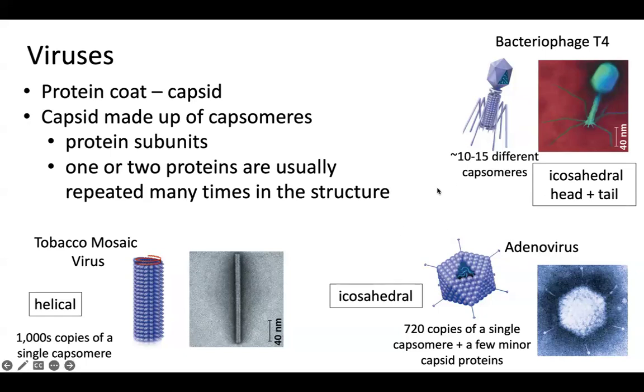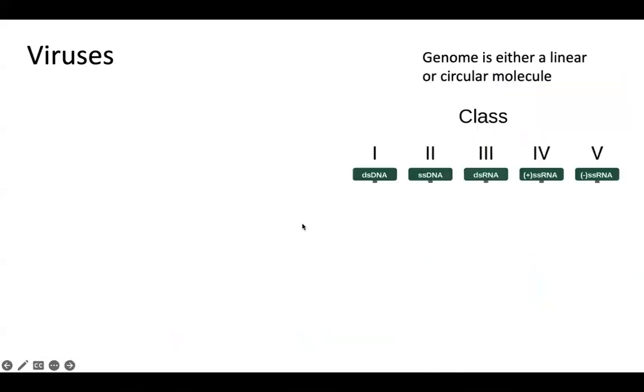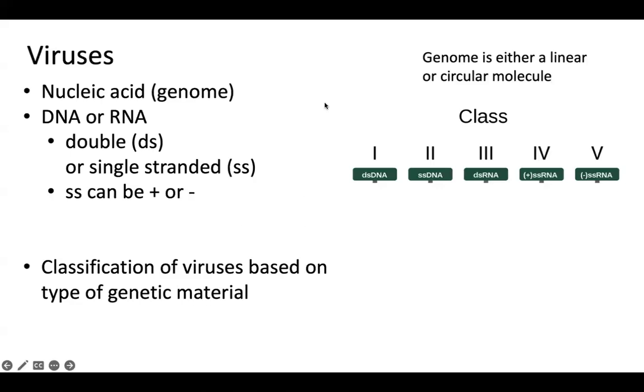All right, and then we can also talk a little more about the nucleic acid, that genome, those instructions for making more viruses. This can be DNA or RNA, and the DNA or RNA can be found as double stranded or single stranded. We'll talk a lot more about what this means in a little bit.